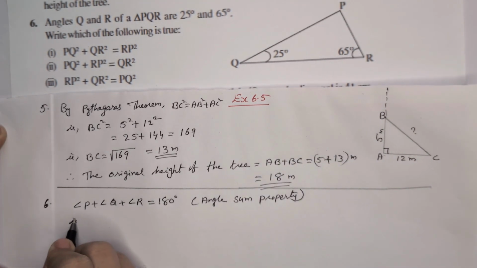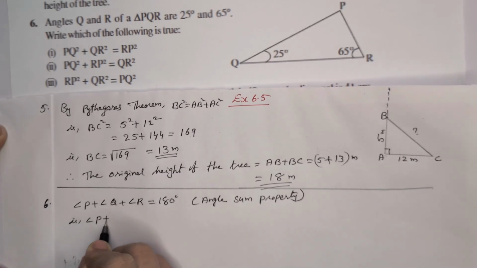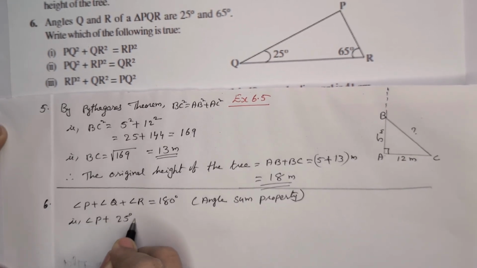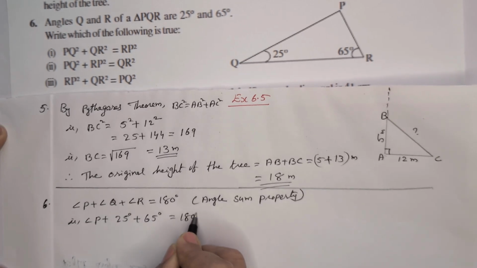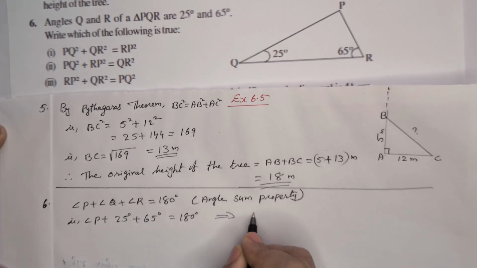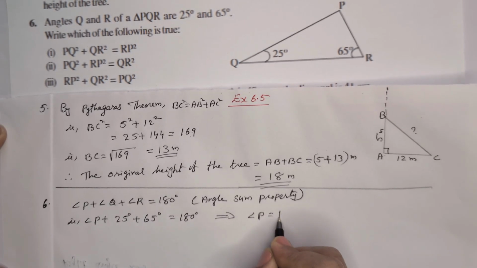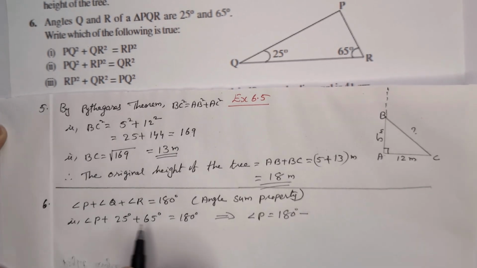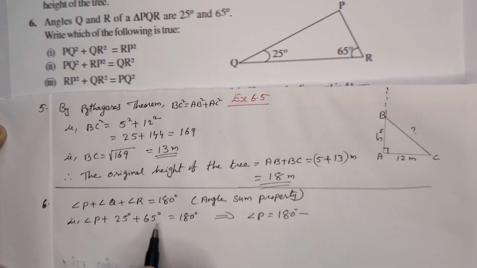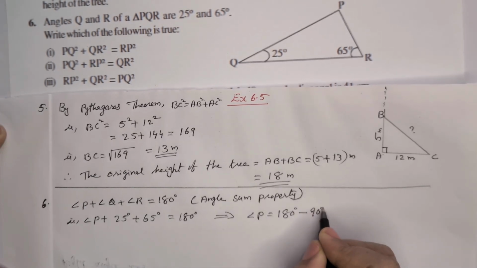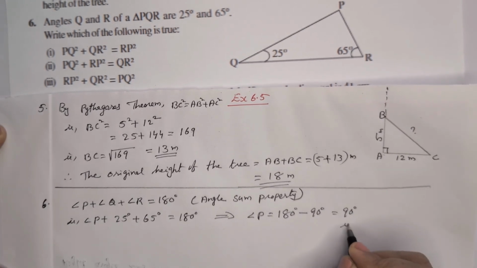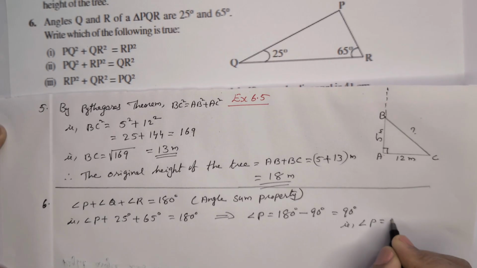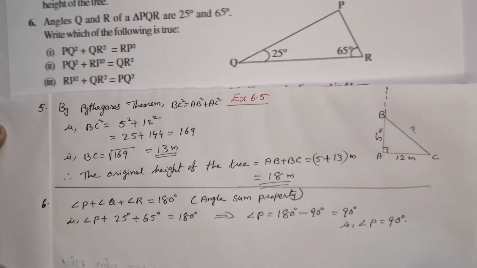That means angle P plus Q is here given 25 plus 65 is equal to 180 degree, which implies angle P is equal to 180 minus sum of these two, 90, which is equal to 90 degree. That means angle P is equal to 90 degree.